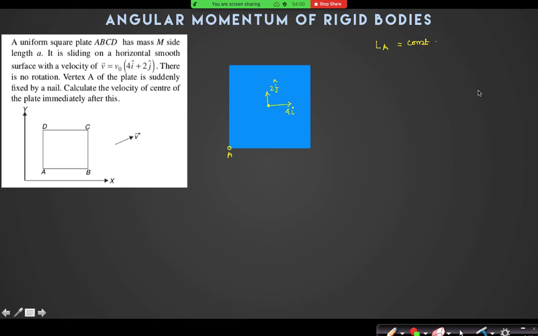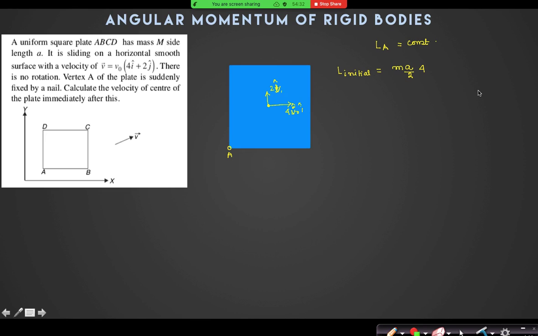So what is the initial angular momentum? I can measure it about A. It will be m into a by 2 into 4 v naught.